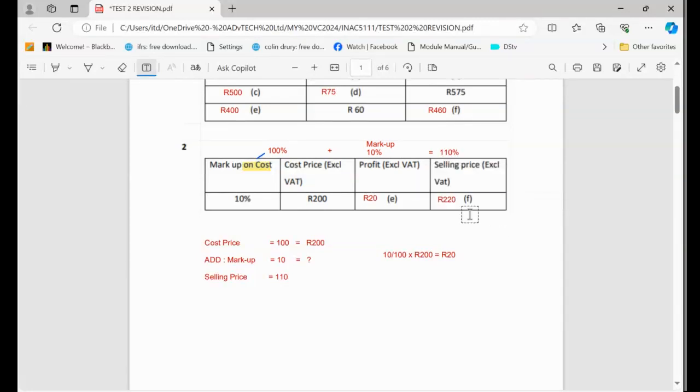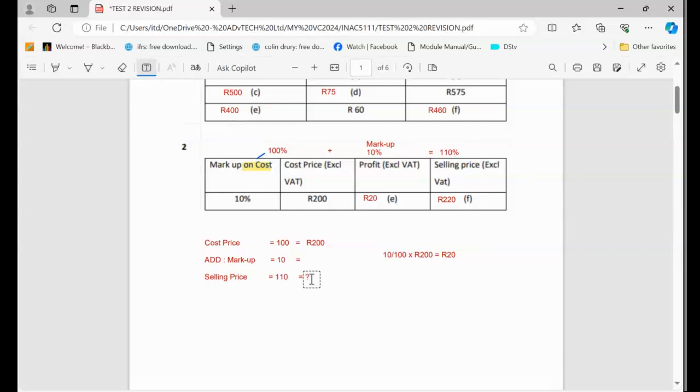And again, if you want to find this 220 directly, you can go and shift the question mark. Remember, now you are trying to calculate the selling price. It means you just have to shift this question mark and put it here. Can you see now? Now you want to find this selling price.